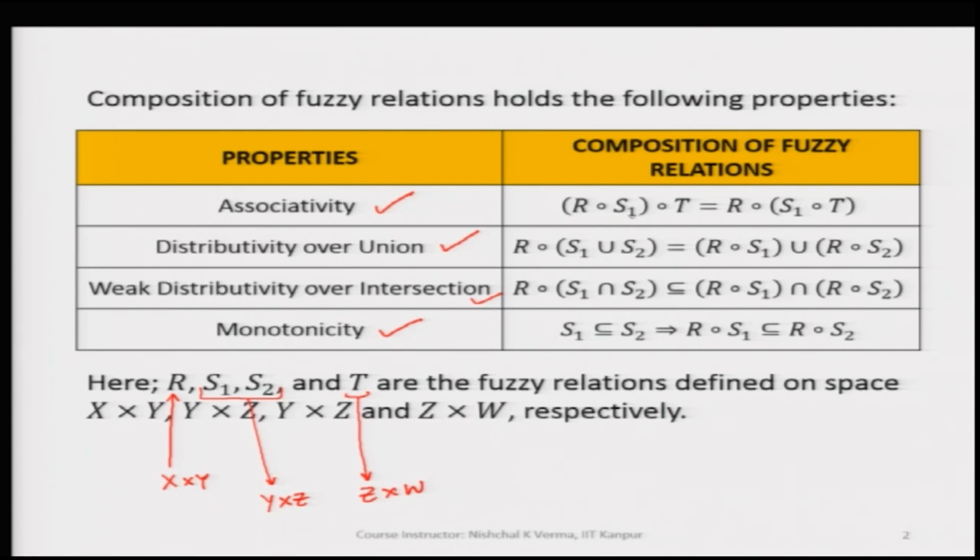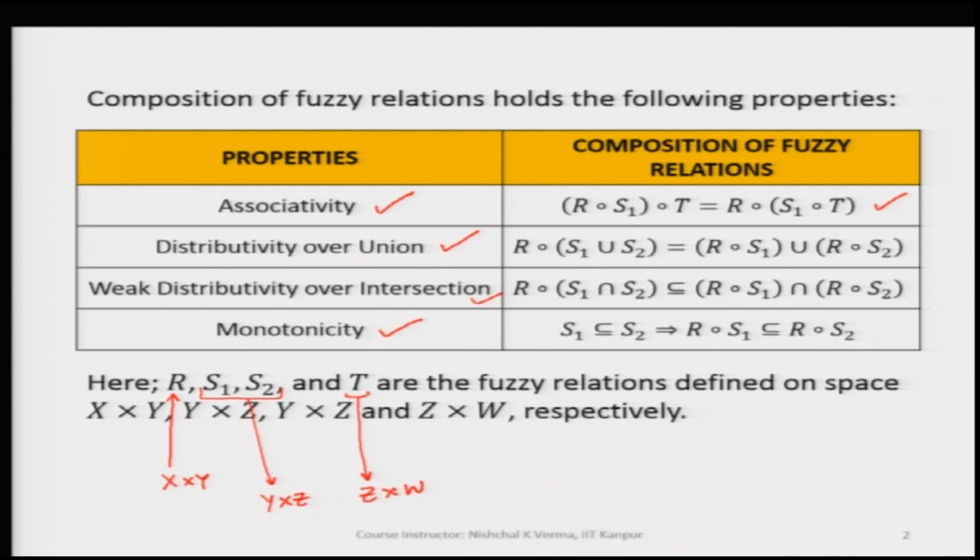So, the composition of R and S1, and whatever we get out of R composition S1, when we further compose this with T, we get the composition of R and the composition of S1 and T. This must be understood very clearly: the associativity with respect to the composition is satisfied, or in other words, the composition of fuzzy relations R, S1 and T holds good with respect to the composition.